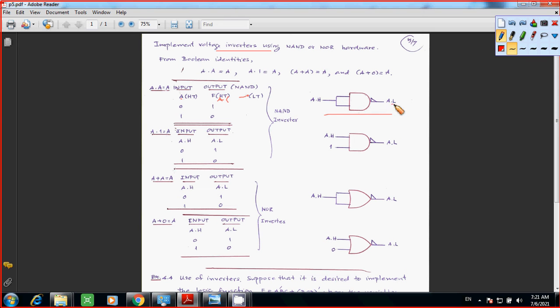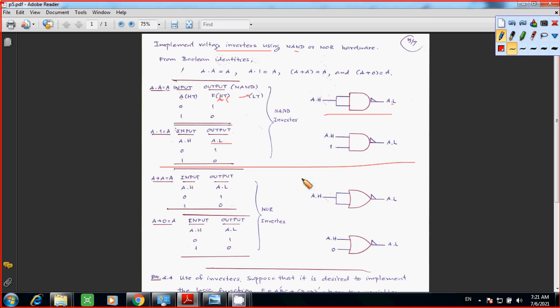And your output is going to be your A low true. A and 1, your output also becomes A low true. This is your symbol. And that's how you use the NAND gate to implement our voltage inverter.